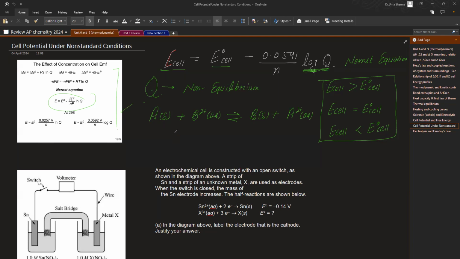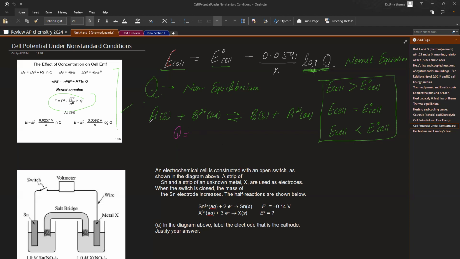So can you tell me what is the Q expression here, children? It is the same as K. Expression will be the same. Only thing is that when Q becomes equal to K, the equilibrium constant, then there is equilibrium. But if Q is not equal to K, then the system is struggling to get to equilibrium.